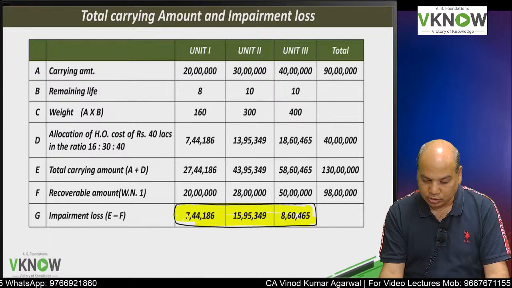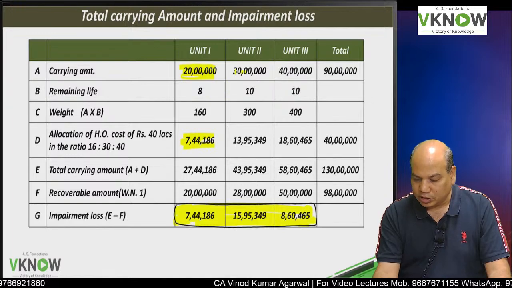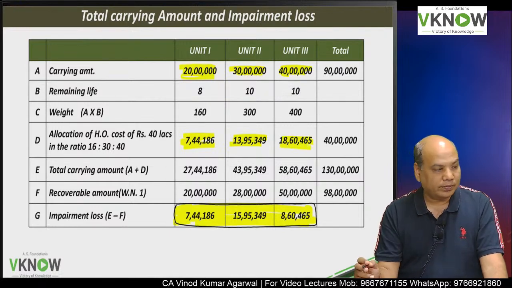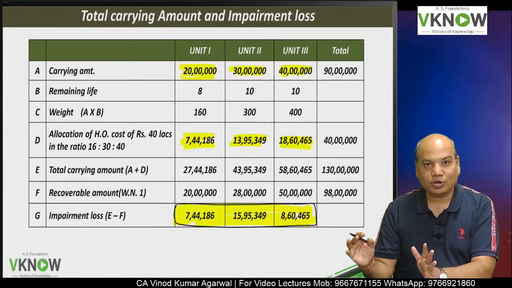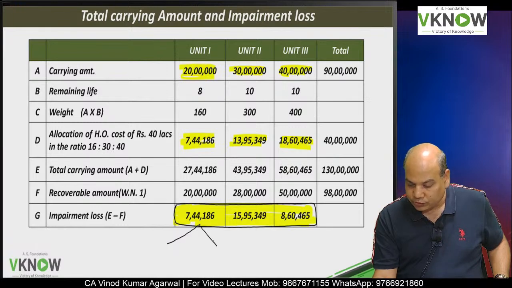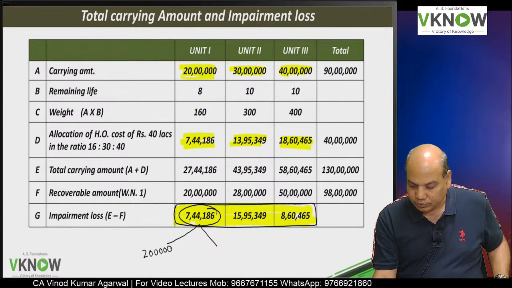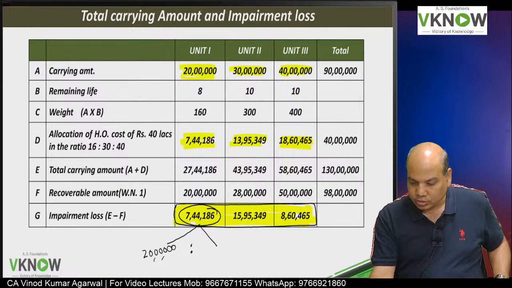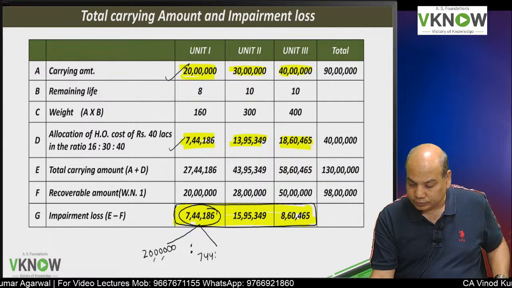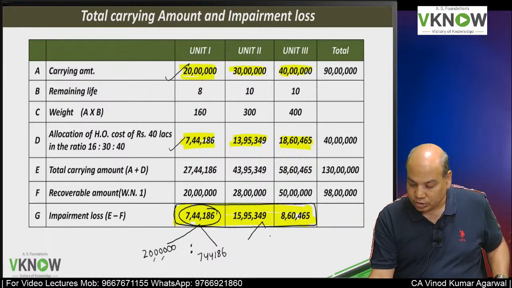These are the total impairment loss, and I am going to allocate in the ratio of their carrying amount. So highlight these numbers because the answer is not over. The bottom up test is still under progress. I am going to explain, then I am going to go to the next table. This loss 744,186 will be allocated to the unit and the HO building in the ratio of 20 lakh is to 744,186 ratio for allocation.